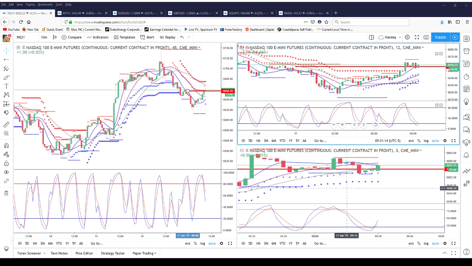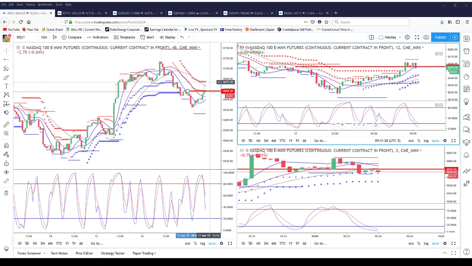You can actually see the effect of the closing price on this 3-minute stochastics. If you watch it, you can see as it ticks up, this ticks up as well. I would like to see it go back to this dot on the 45-minute and then have an entry generated off of that, but we'll have to wait and see.